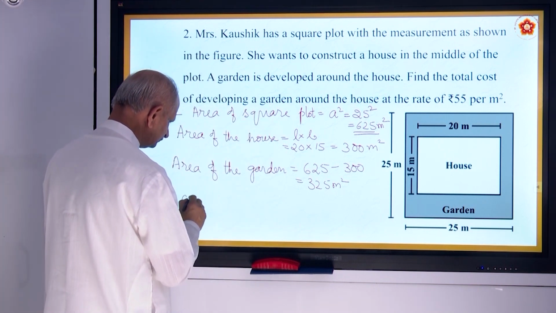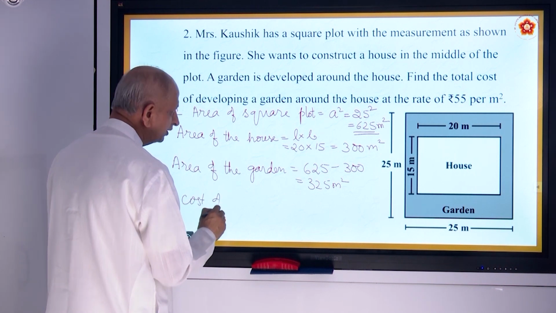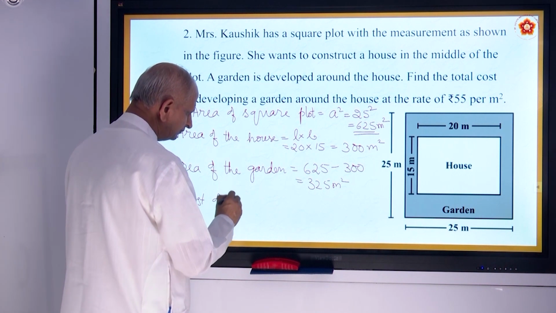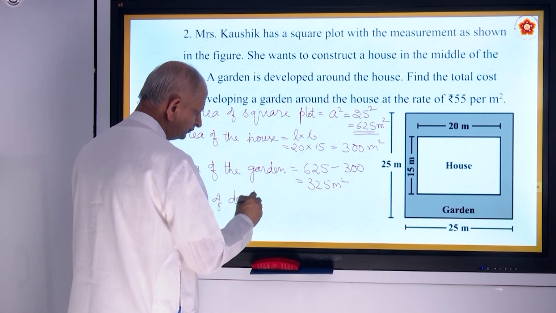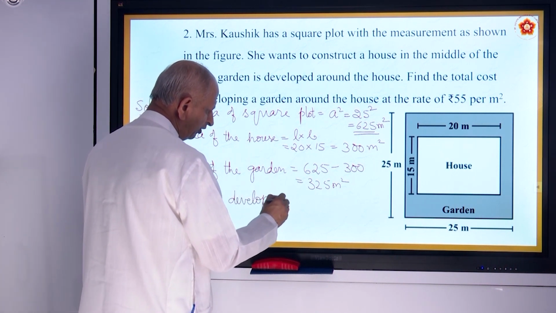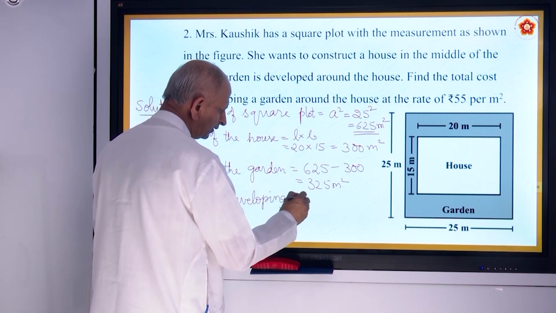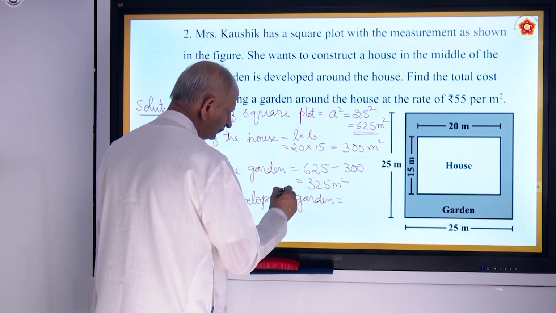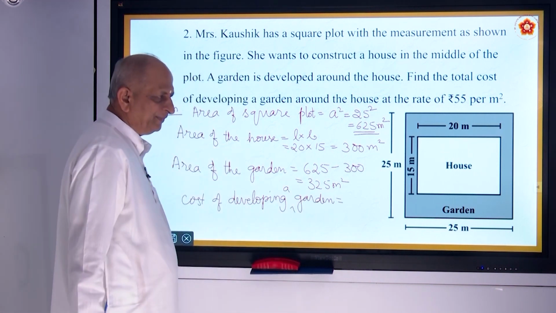Now what is the cost of developing a garden? For developing a garden, what do we mean?